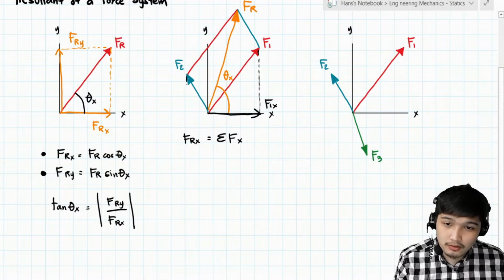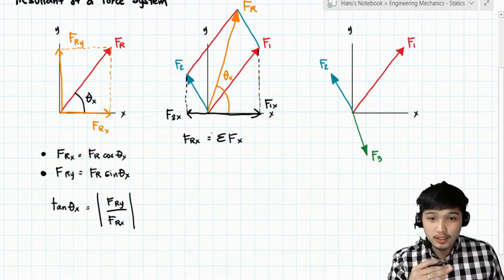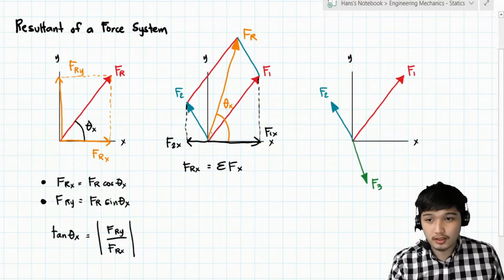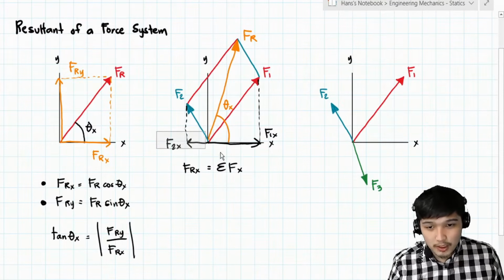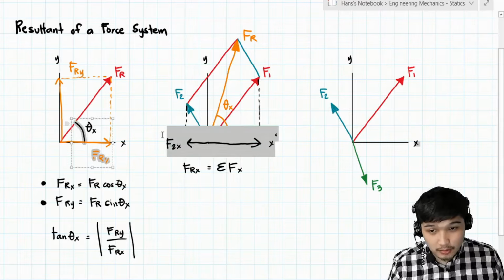So itong F2, meron din siyang horizontal component, so tawagin natin yang F2x. So sabi, to solve for the horizontal component ng resultant force, ang gagawin mo lang, isummation mo lang lahat ng mga horizontal components. So that is F1x plus F2x.